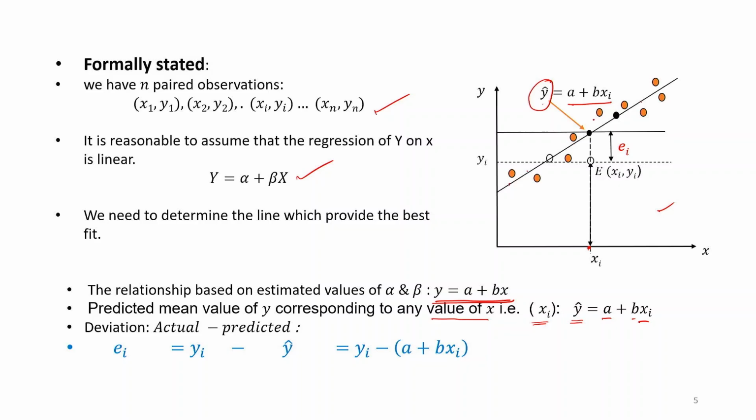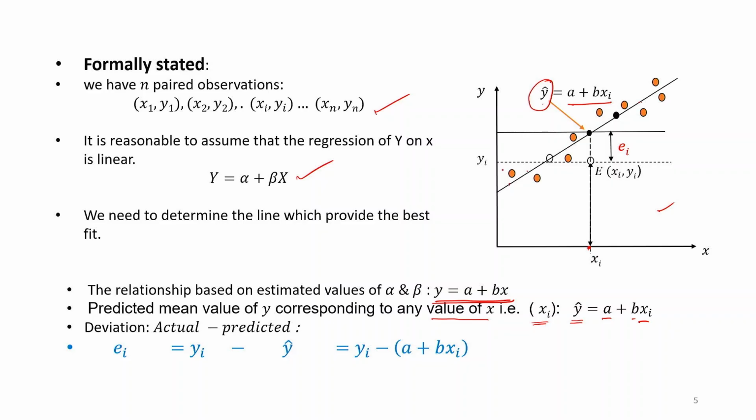However, if you look at the actual data points, some of them may fall on this line, some of them may not. They may be above the line, or they may be below the line. That means there is a certain distribution in the data points.